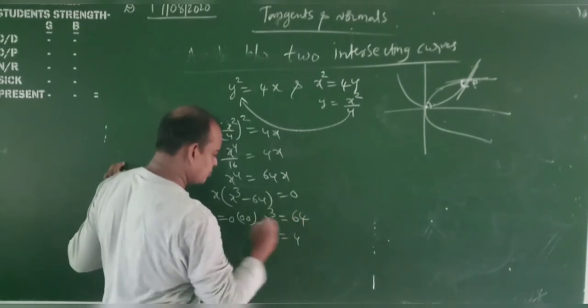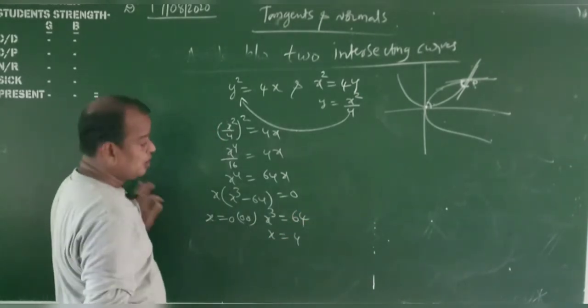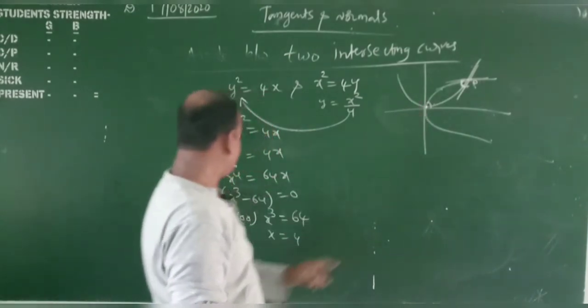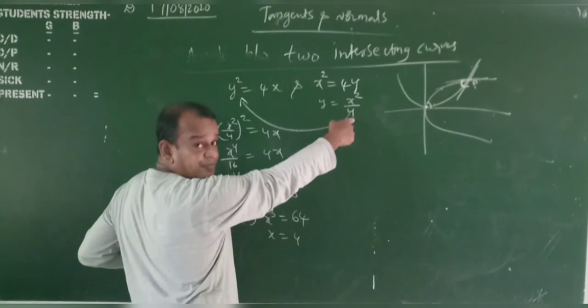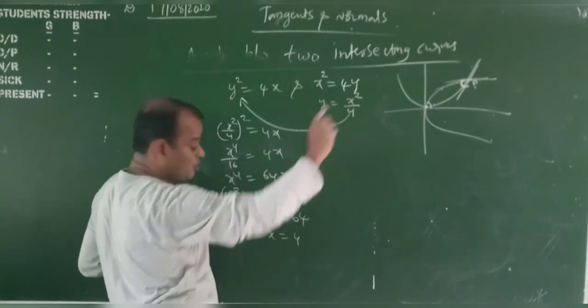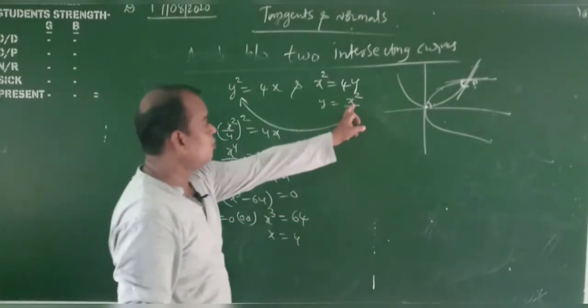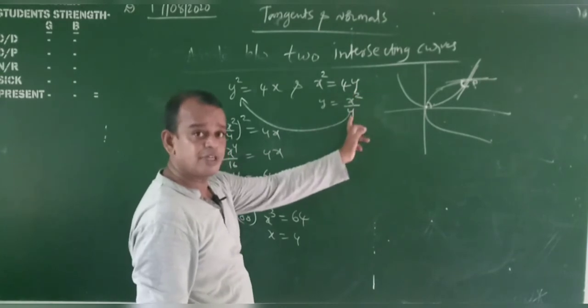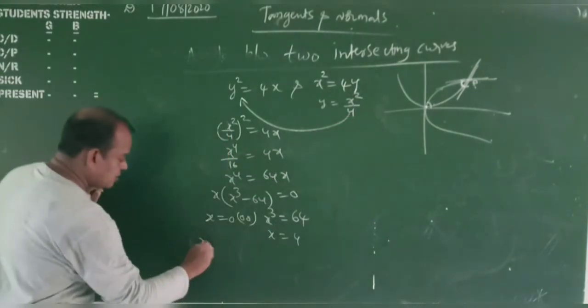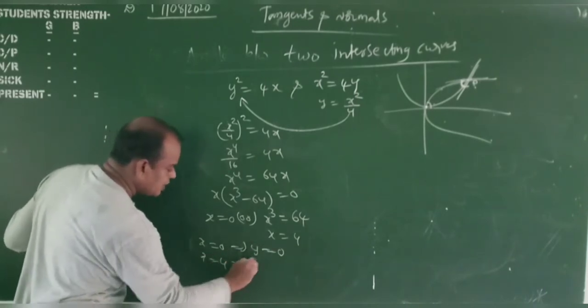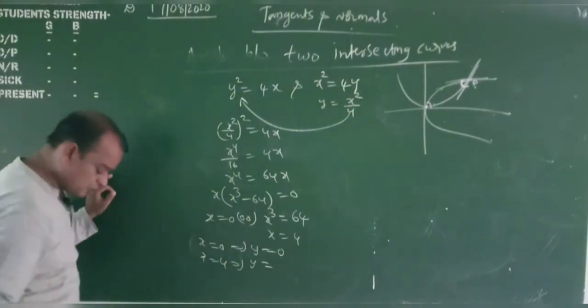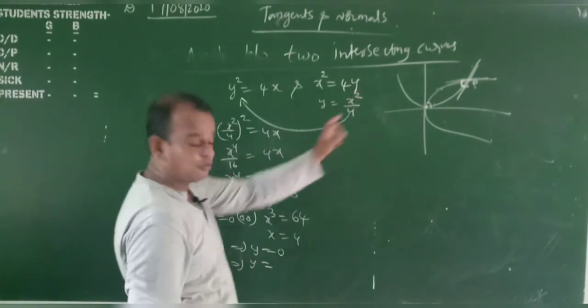So x is equal to 0 or x is equal to 4. Whenever x is 0, y is equal to 0 by 4, which is 0. So one point of intersection is 0 comma 0. When x is 4, y is 4 square by 4, that is 16 by 4, which is 4.